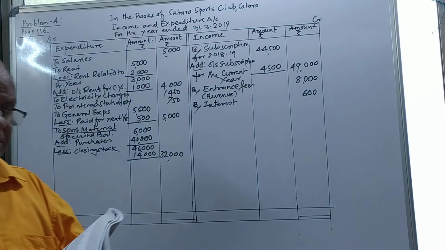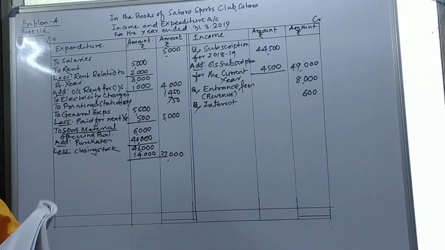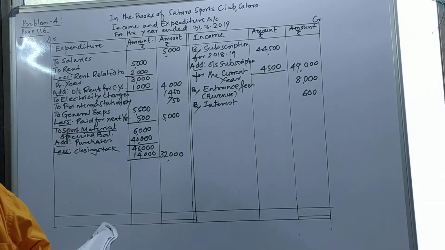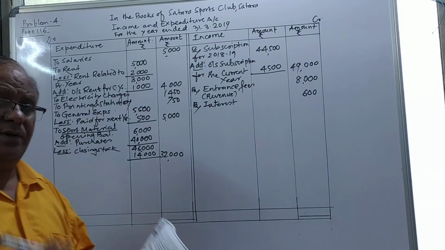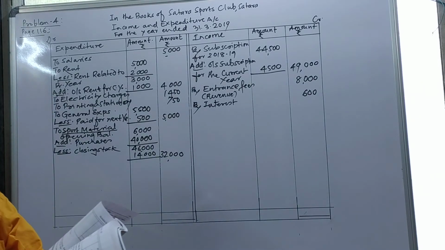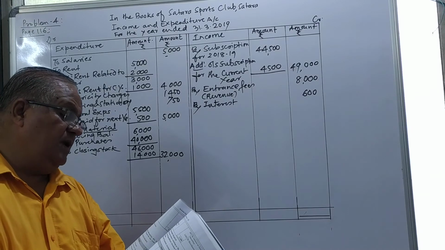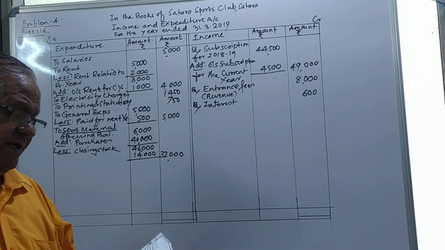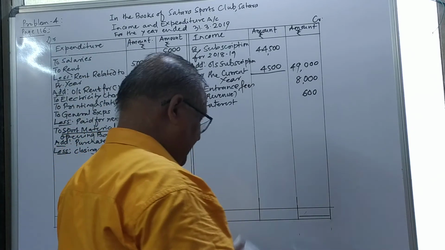After this, sale of furniture. They are given book value 8,000 and it is sold for 4,500. Therefore, if there is any profit or loss on sale, that must be taken into consideration. On this ground, there is a loss. Book value means original cost, which is 8,000.